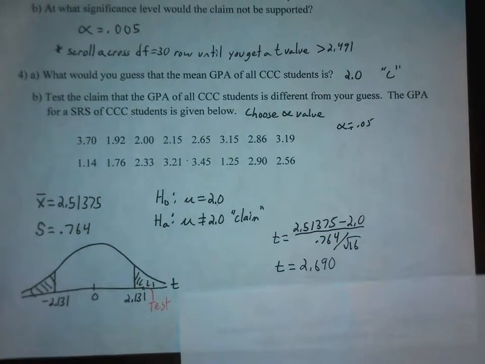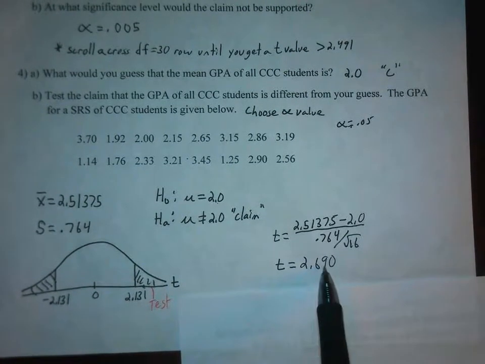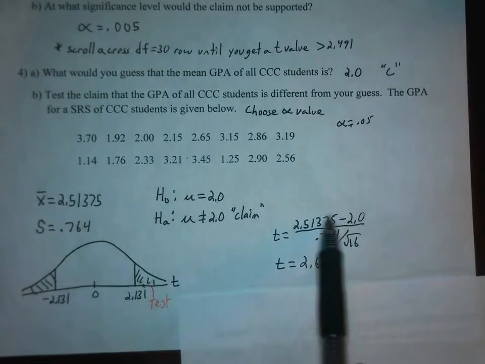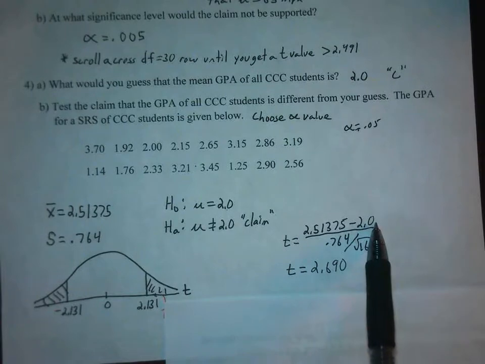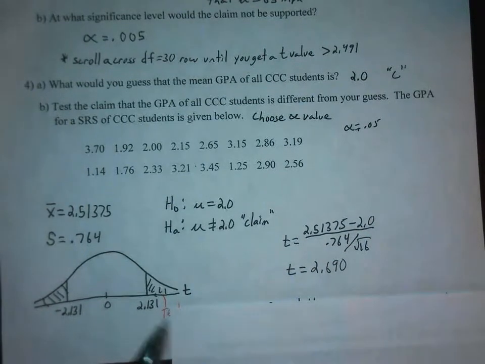Calculate your test statistic, and you get 2.69. And again, with the rounding, it might be a little bit different. That 2.69 came from me using 2.0 for the null hypothesis for the mean. So mine ends up being farther to the right in the rejection region.